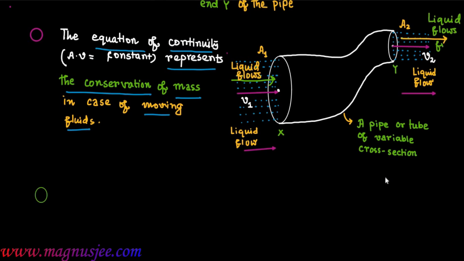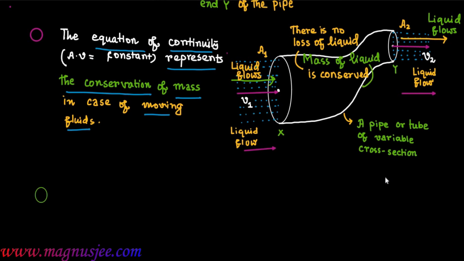Here we can denote the direction of flow of liquid through the pipe XY having variable cross section, and there is no loss of liquid. That means mass of liquid remains conserved.